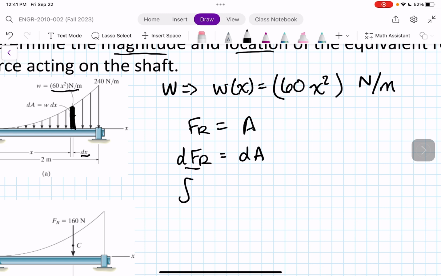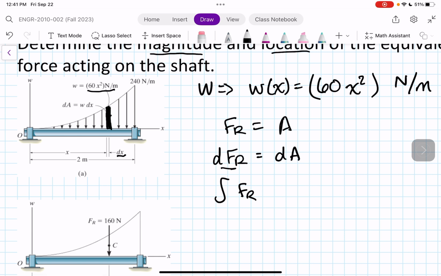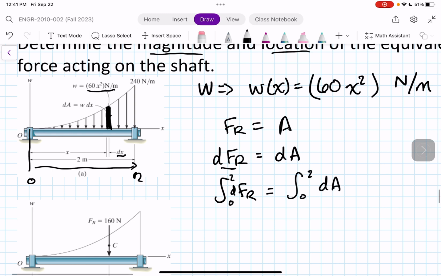So we have the integral of dFr, and this is from our limits. For this problem, the limits are 0 to 2, so the integral from 0 to 2 of dFr is equal to the integral of dA.